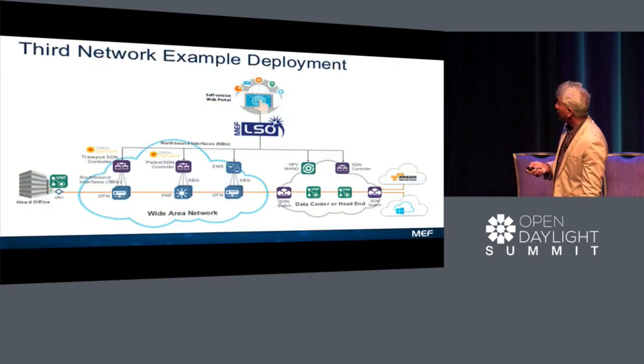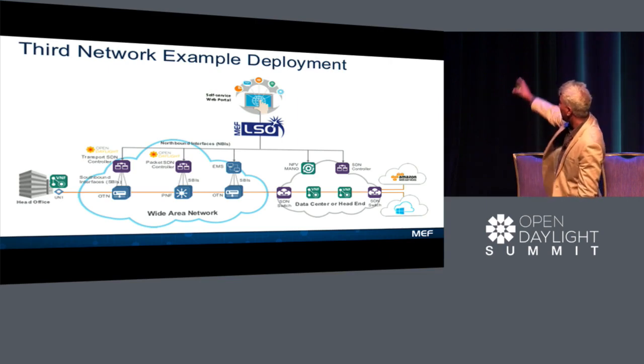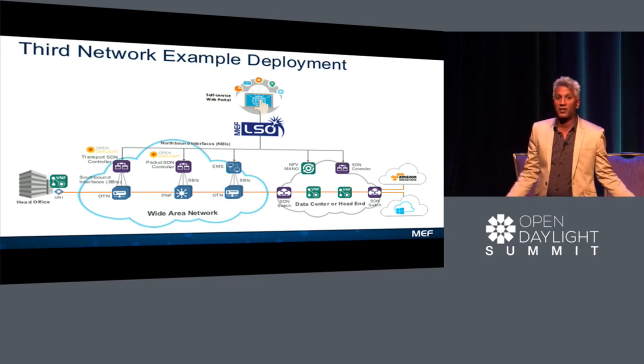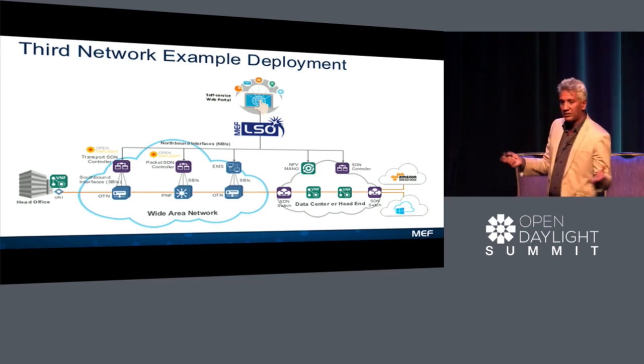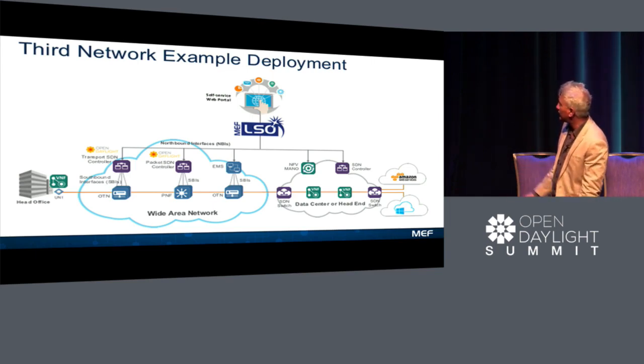So as an example of a deployment model, you could see that you have a wide area network connected from a head office, and they want to connect to a cloud. And you can see that they have an optical network and a packet network that's in place today. It's carried around and you can't throw all that stuff away. And they're all physical network functions. And in some cases, you have EMSs that just can't be replaced.